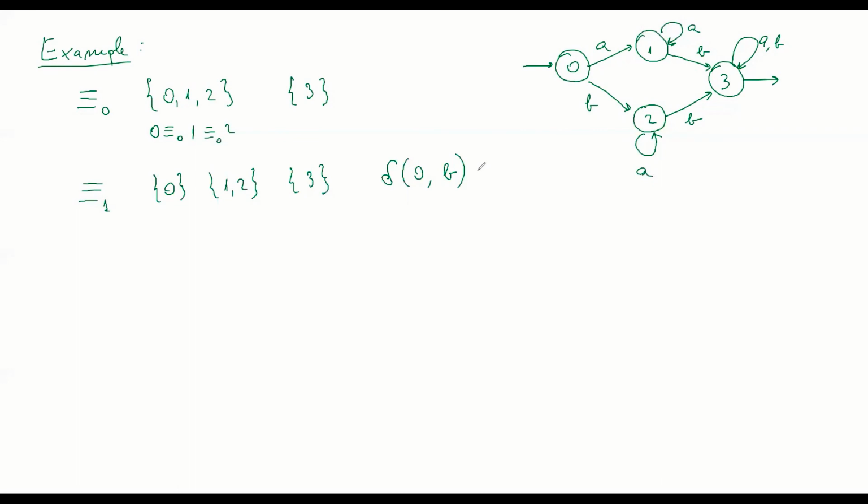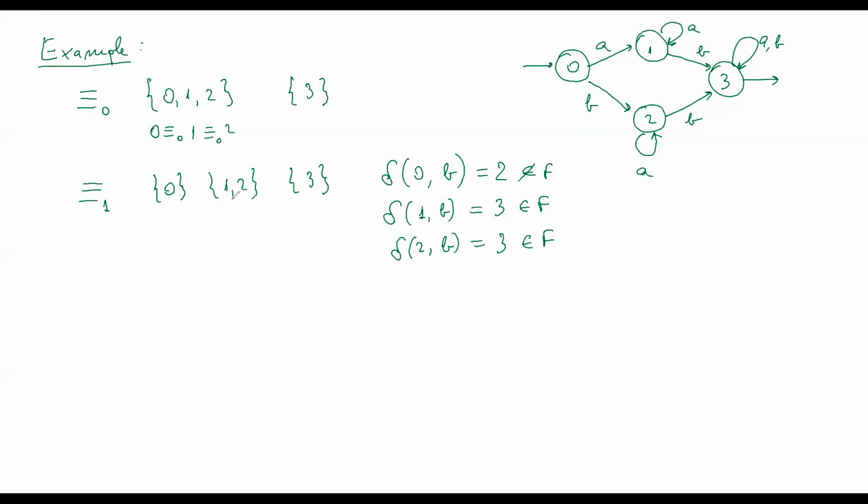From 0 with B, delta goes to 2, which is non-final. But if I go from 1 with B, I get to 3, which is final. And so I distinguish between 0 and 1. And also I distinguish between 0 and 2 with the help of the same computation. From 2 with B, I get to a final state.